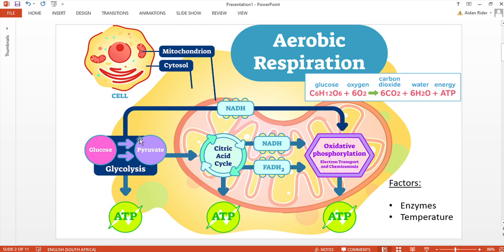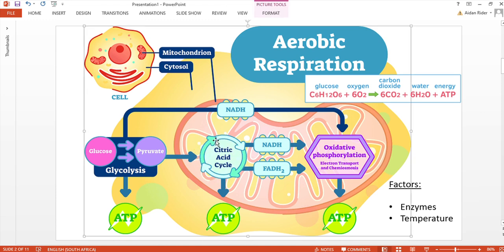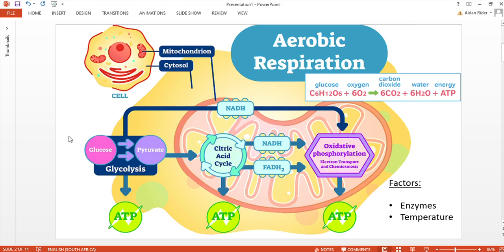Okay, then these pyruvate molecules go inside the mitochondrion, and now they will be broken down during the citric acid cycle, also known as the Krebs cycle. You don't have to know all the nitty-gritty details of what happens during this cycle, but you have to know that during this process, it's actually incorrect, ATP is not produced here.